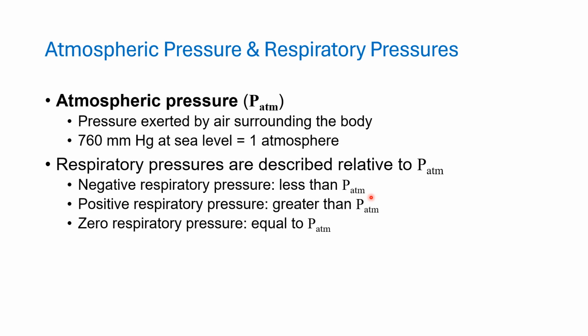But when we talk about respiration, we describe it as -4 respiratory pressure, whatever the name of the respiratory pressure is. And then positive respiratory pressure is greater than the atmospheric pressure, and zero respiratory pressure means it is equal to the atmospheric pressure.